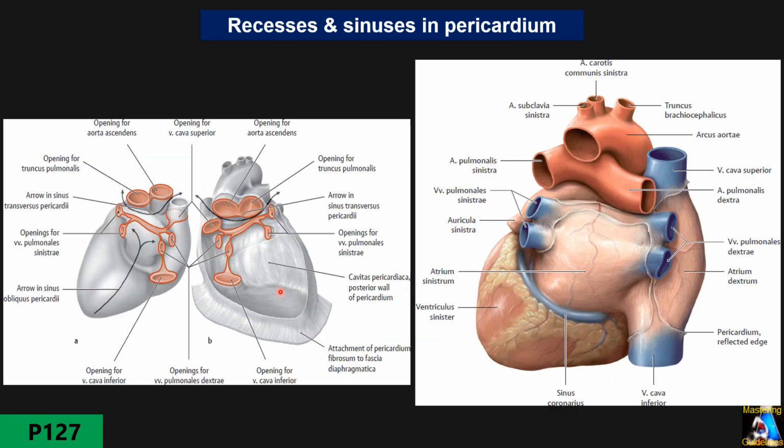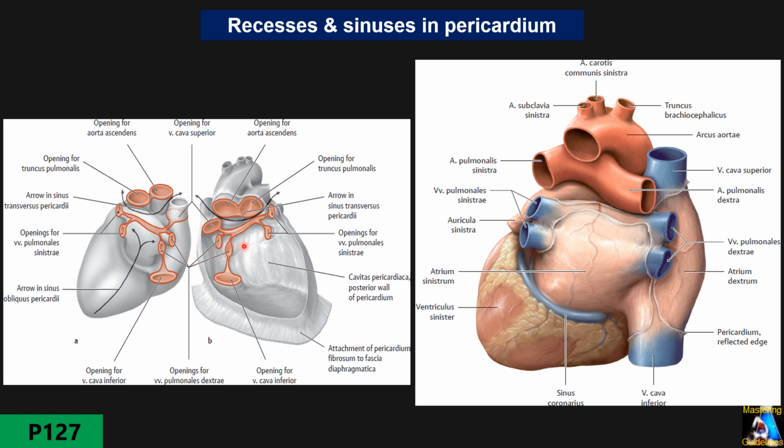The way the pericardial sac surrounds the heart and its vessels, it creates many dead ends, sinuses, recesses, cul-de-sacs, all those things.